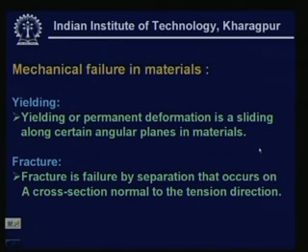Yielding, or permanent deformation, is a sliding along certain angular planes in the material. Another is fracture. Fracture is failure by separation that occurs on a cross section normal to the tension direction. That means failure of the material can take place either by yielding or by fracture.